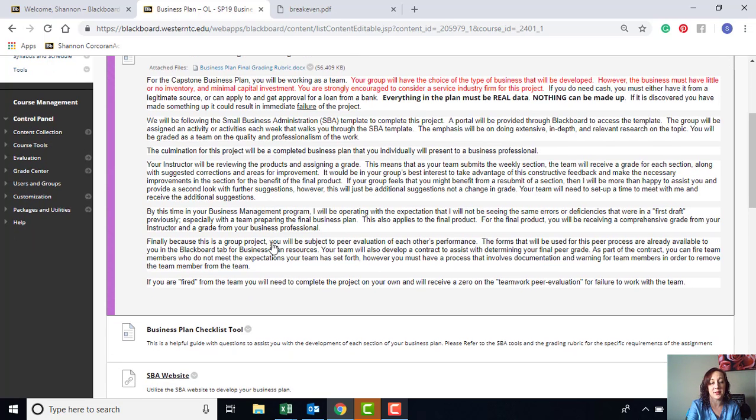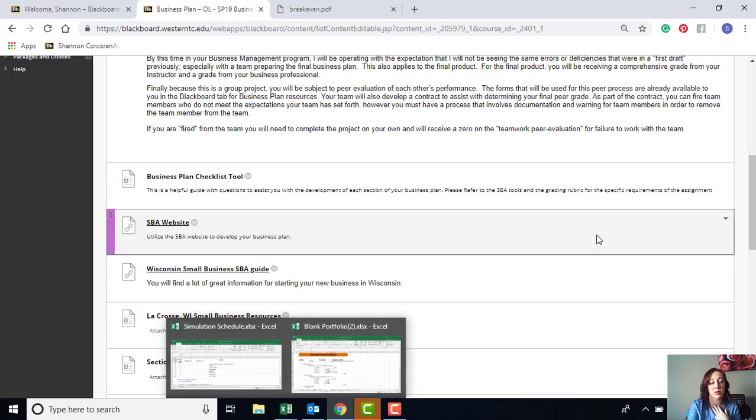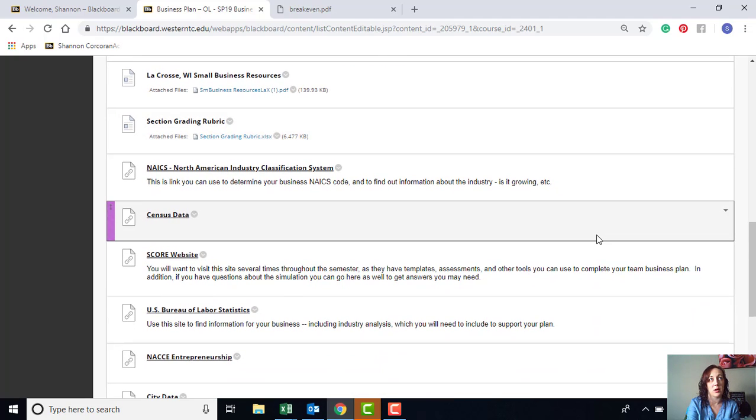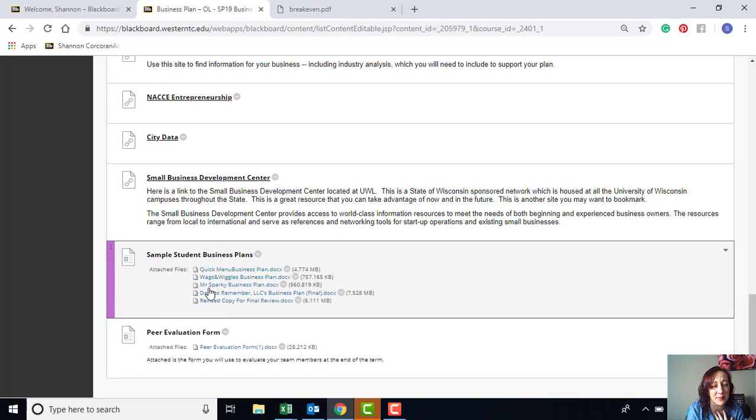There are some business plan checklists in here, the SBA website, and several of the sources that you have been working on for your discussion boards are also listed here. But right down here are several examples of business plans to look at, so that you get an example of what students have done over the last couple years.